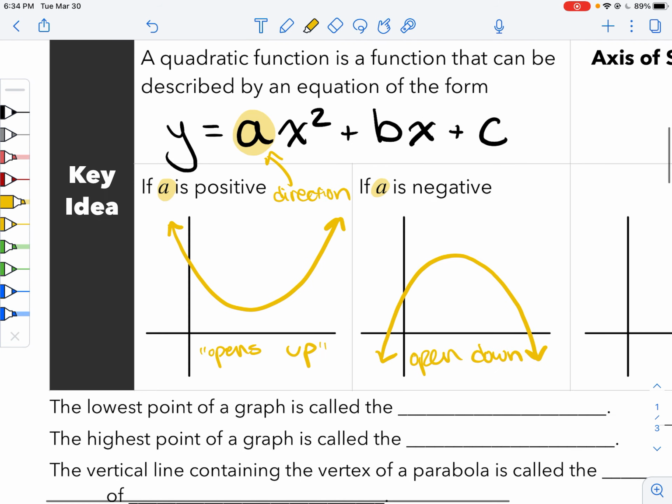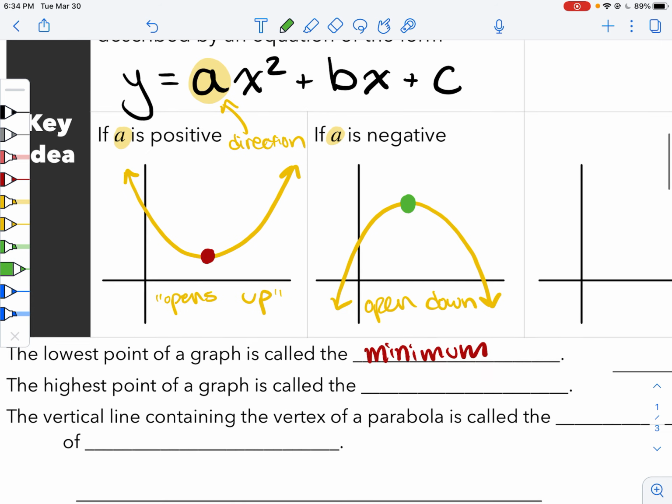If you have the lowest point on a graph, when it hits its lowest point down there, we call that the minimum, because that's the smallest y is ever going to be. Similarly, if you have a graph that opens down, this number is the biggest that y could ever be, so we call it the maximum.